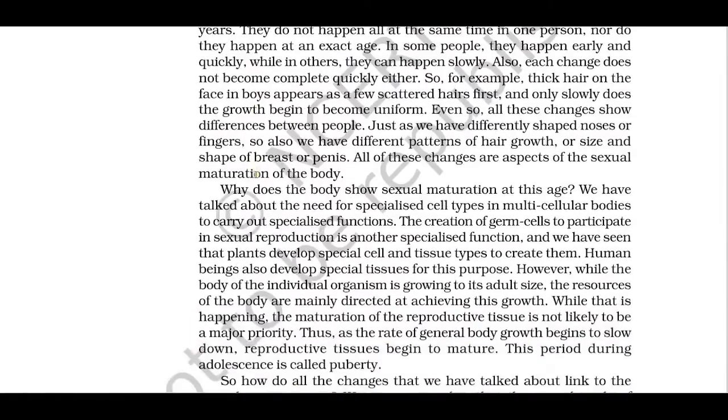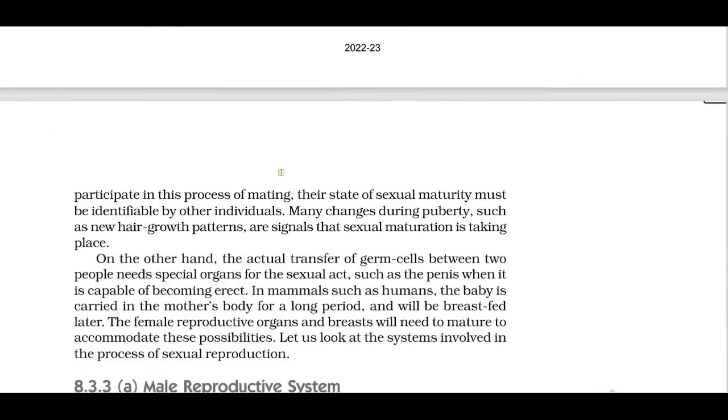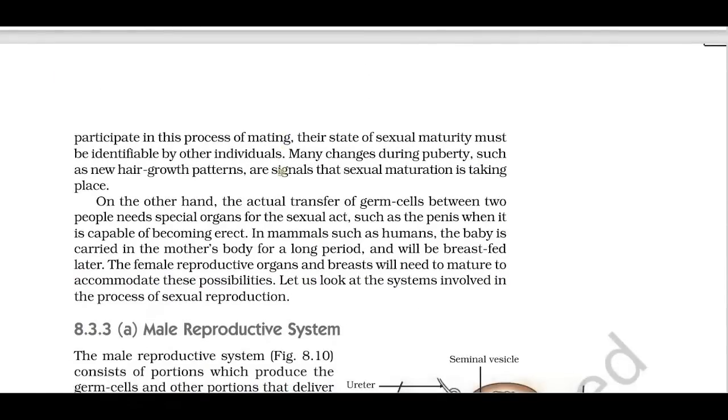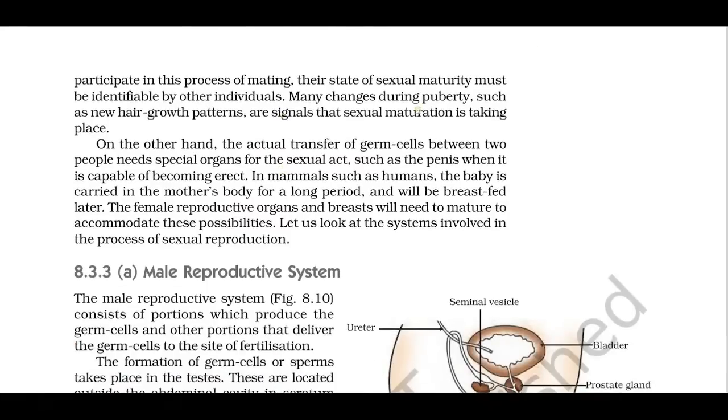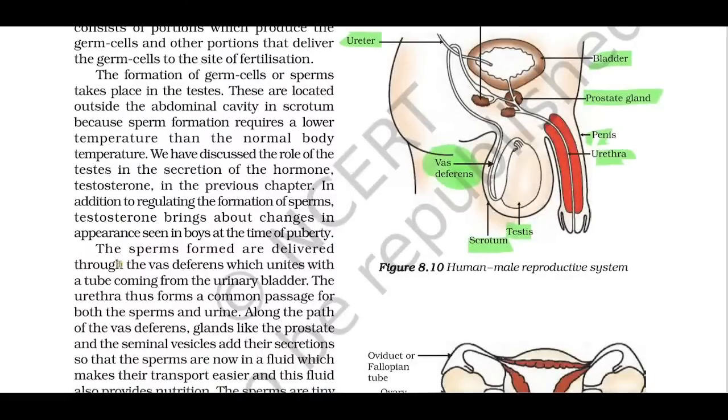The sexual maturation. We'll go directly to the male reproductive system. List down each and every part of the male reproductive system and its function. Definitely, the functions of each part can be asked for 3 marks.